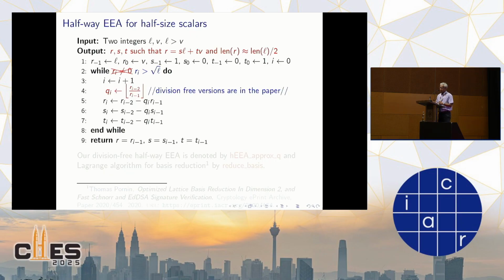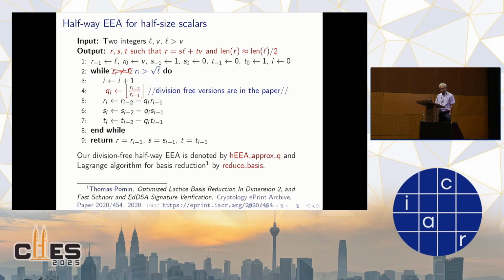As I mentioned, one alternative to the extended Euclidean algorithm for generating half-size scalars is to use Lagrange's algorithm. And about 10 years ago or so, Thomas Pornin came up with an algorithm for generating the half-size scalars using Lagrange's algorithm, but that algorithm also requires this kind of division operation.